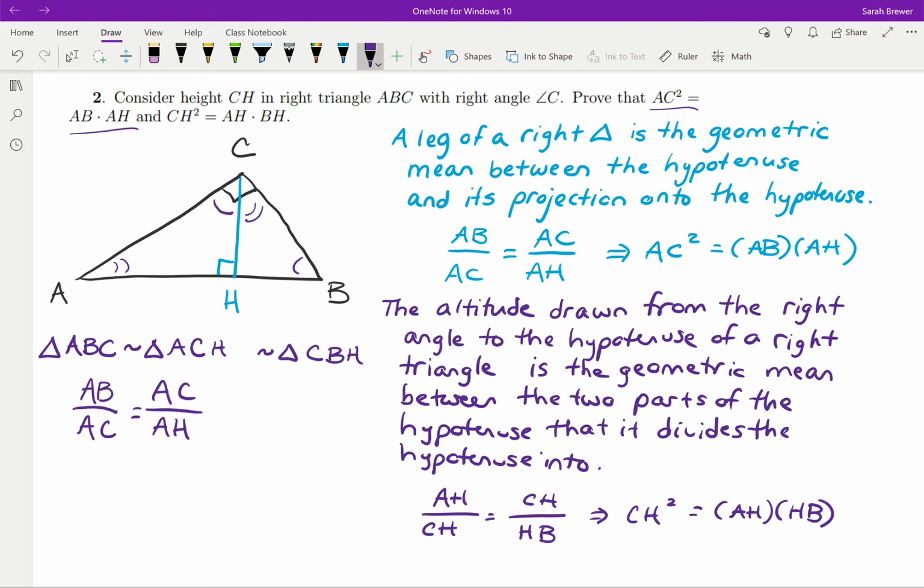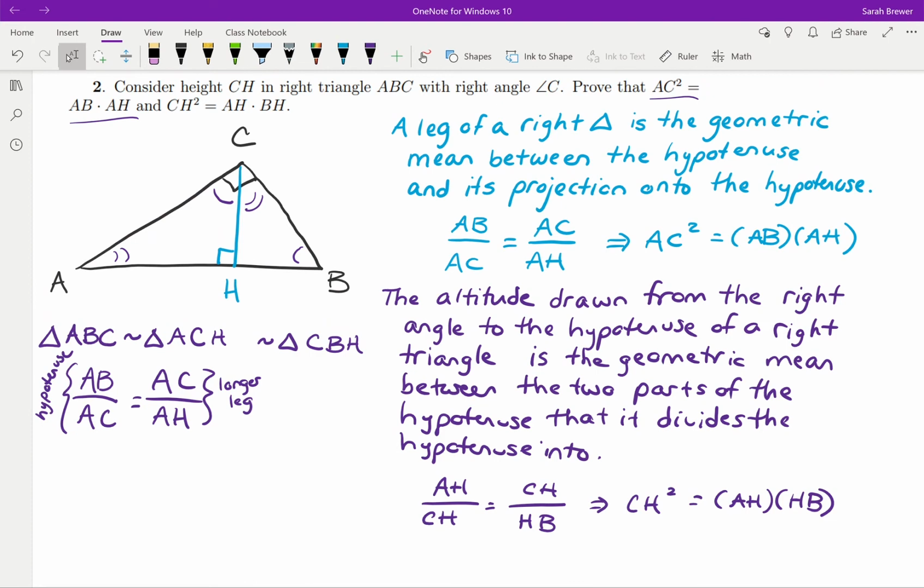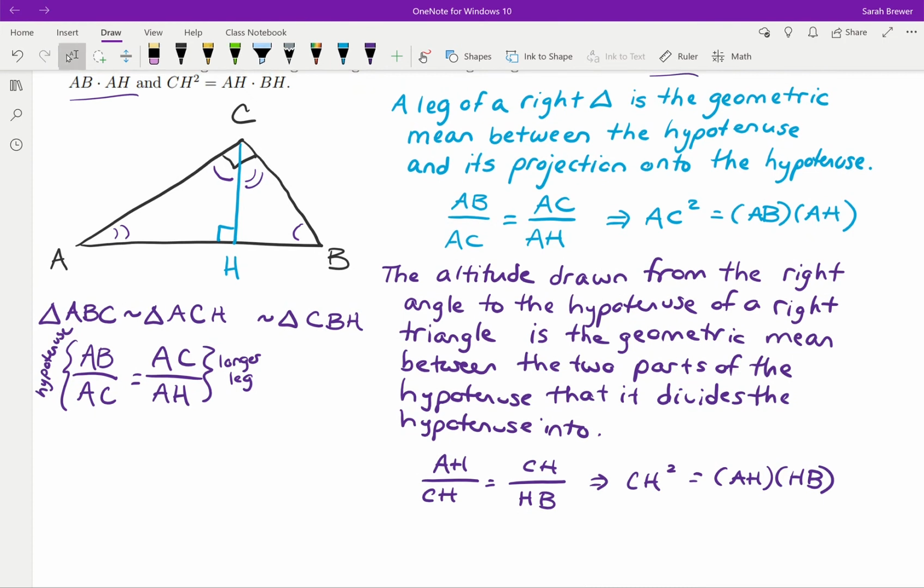And so in this case, we're looking at hypotenuse, and AC and AH are longer leg. So those are the ratios that we set up here.